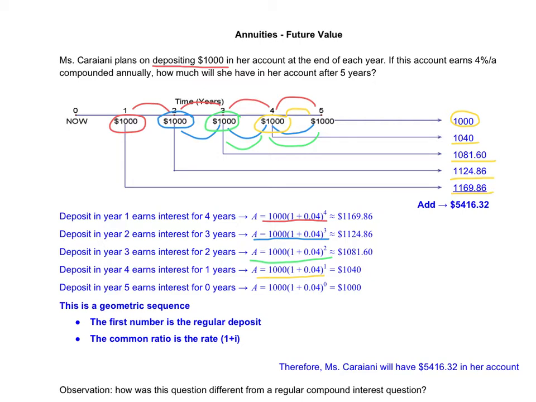And if I add all of those numbers, my investment will be worth $5,416.32. Now notice I put 5 deposits of $1,000. So I only invested $5,000, but in total, I made about $416 in interest.